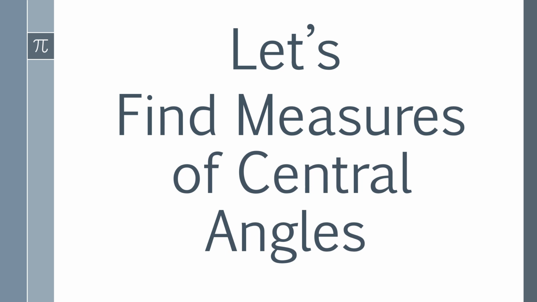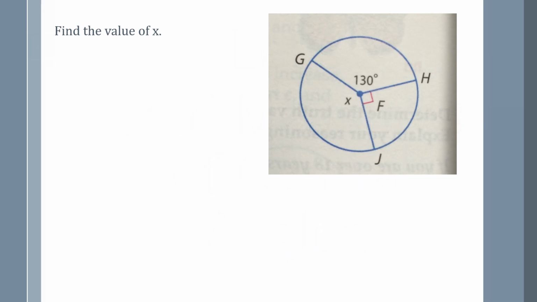All right, let's find measures of central angles. So here we want to find the value of x. Well, I have three angles that share no common interiors. So I can look at this drawing and pretty much say the measure of angle F here is 90, right? So I know that x plus 90 plus 130 is equal to 360.